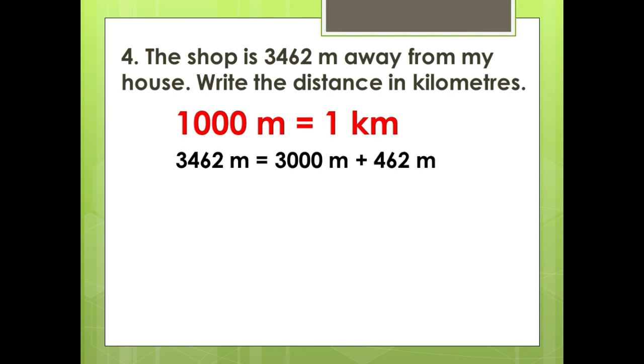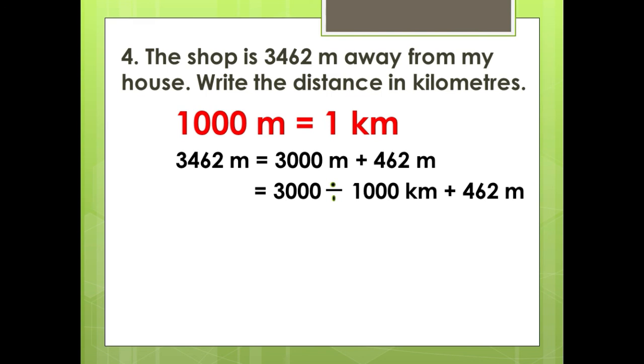See here children. The meters we can separate and write 3000 meter plus 462 meters. 3462 can be written as 3000 plus 462. We are going to simplify 3000 divided by 1000 kilometer plus 462 meters.